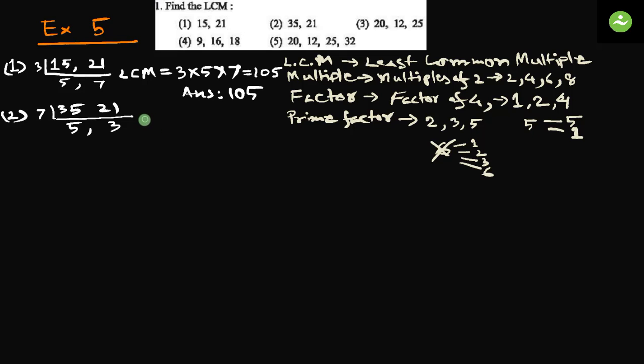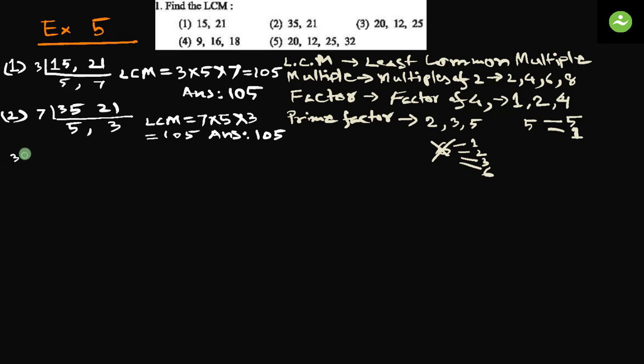Therefore, LCM equals 7 into 5 into 3, equals 105. Answer 105.